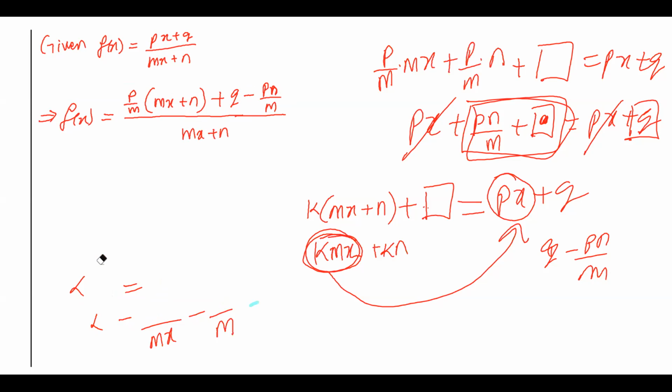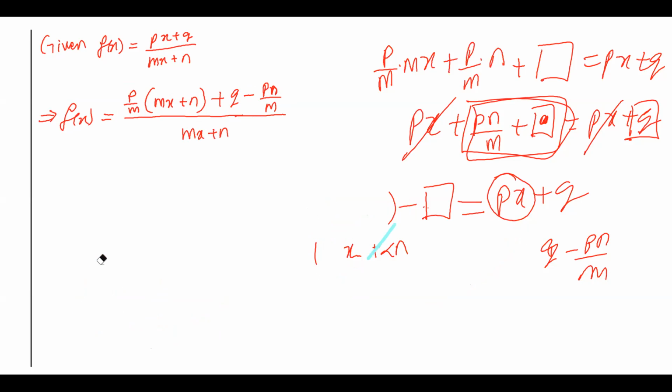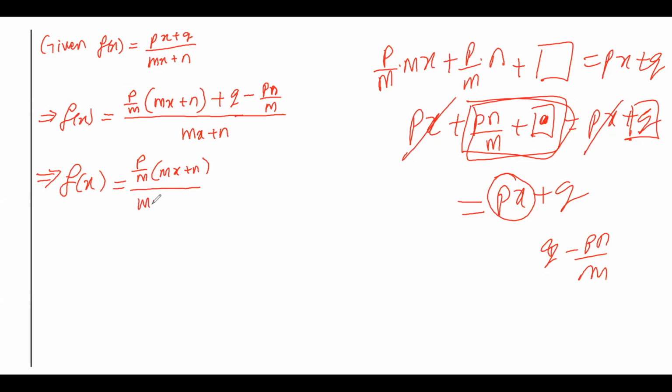So if we now split this fraction using their common denominator, this implies that our f(x) is p over m divided by mx plus n, everything divided by mx plus n. Then you have q minus pn over m divided by mx plus n.